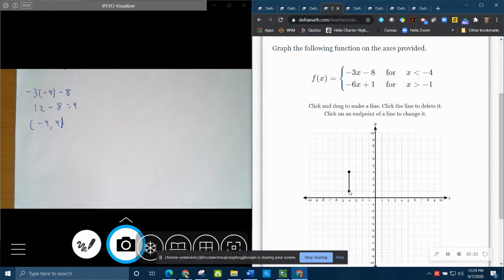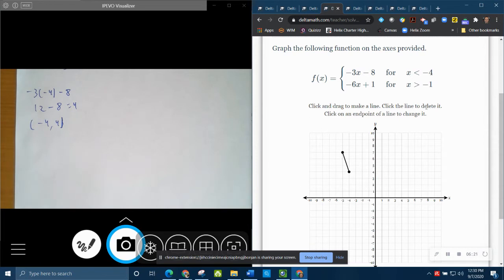So instead of going down 3 and right 1, I can go up 3 and left 1. Now I've got that correct slope to get to that point there. Now that I've got this second point, I can let go. This whole time I've been holding down on my mouse or the button on your trackpad, and moving this around. And then I can finally let go.